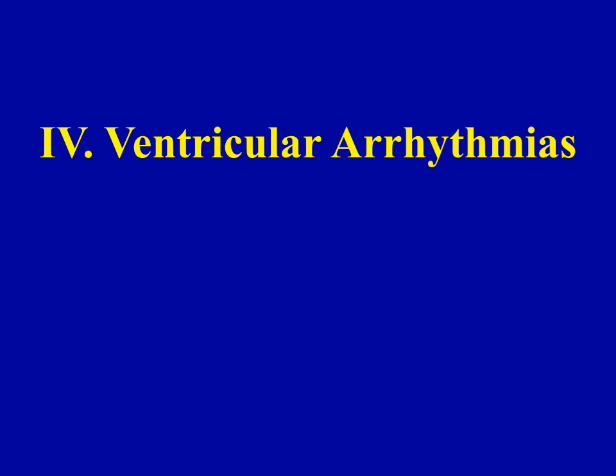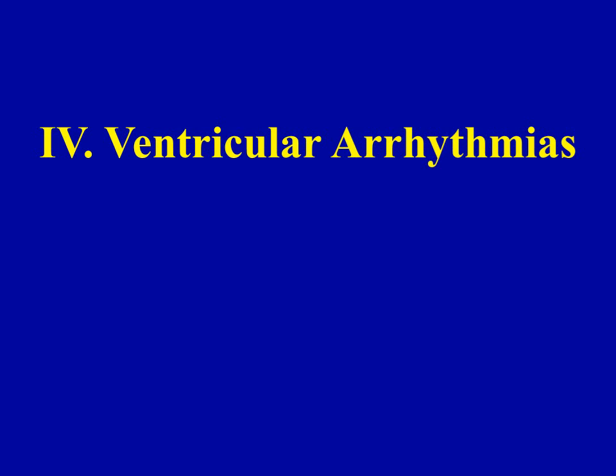Now let's talk about the different types of ventricular arrhythmias. Ventricular arrhythmias are arrhythmias that arise in the ventricles, any part of the ventricles. As I said in part 1 of this topic, arrhythmias could go asymptomatic or can be serious enough to cause death.